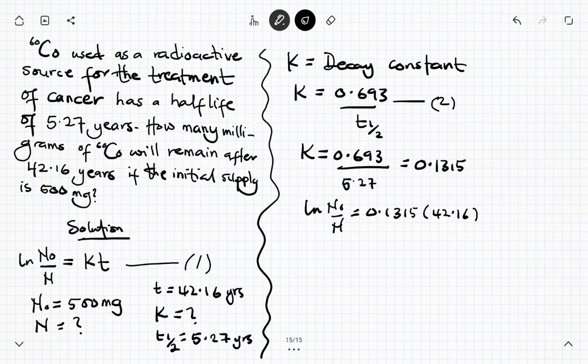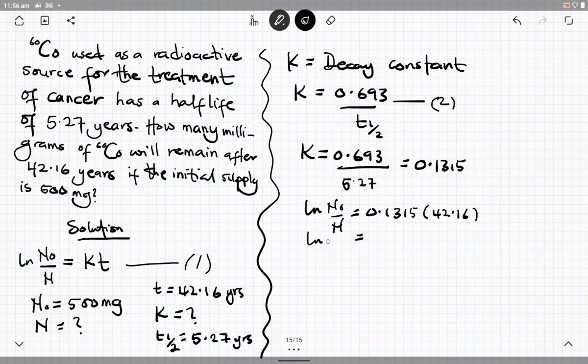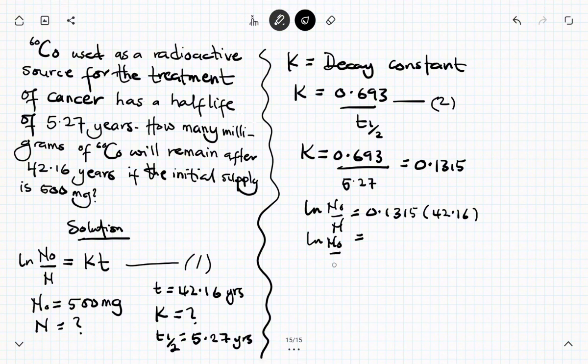Okay, all right, so this will give us ln N naught over N equal to 0.1315 times 42.16. This will be equal to 5.54.